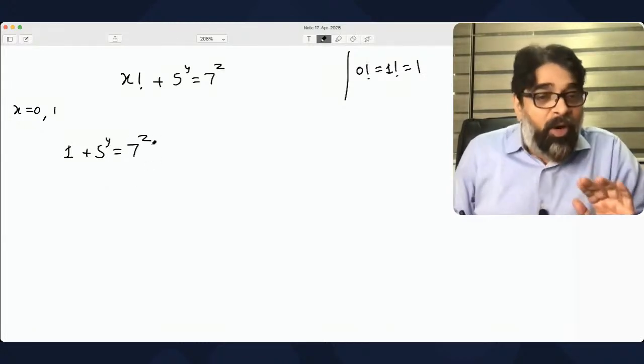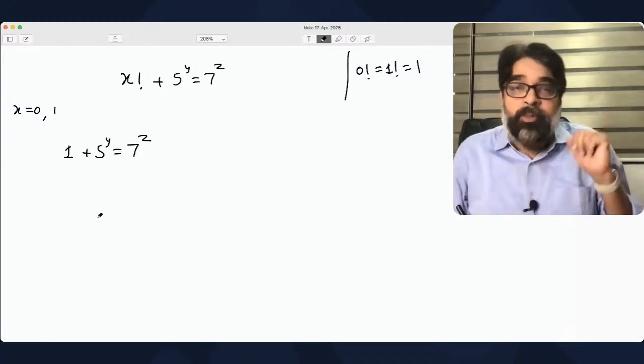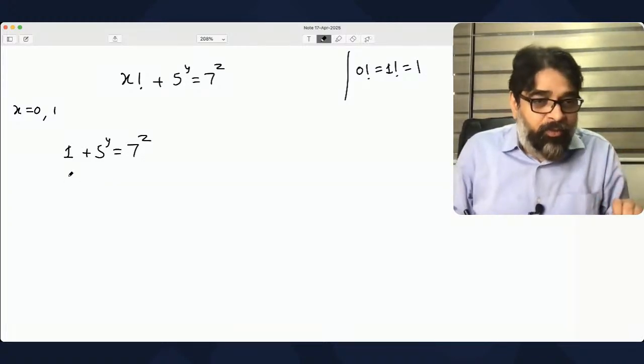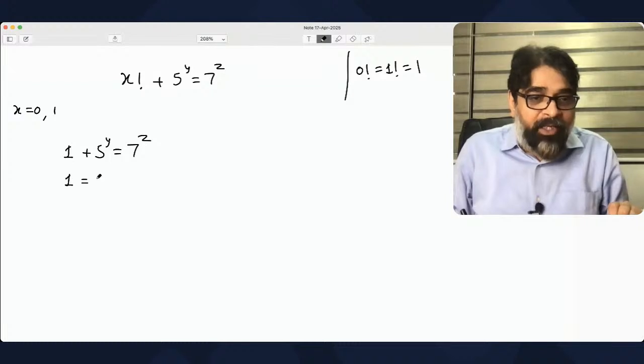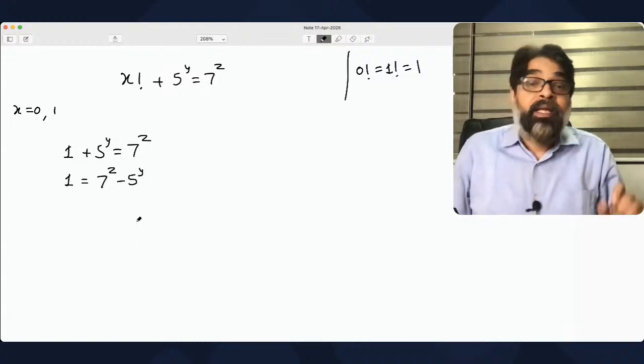I want to see for which values of y and z this will be true. What I can do is write this as 1 equals 7 power z minus 5 power y. Think carefully.